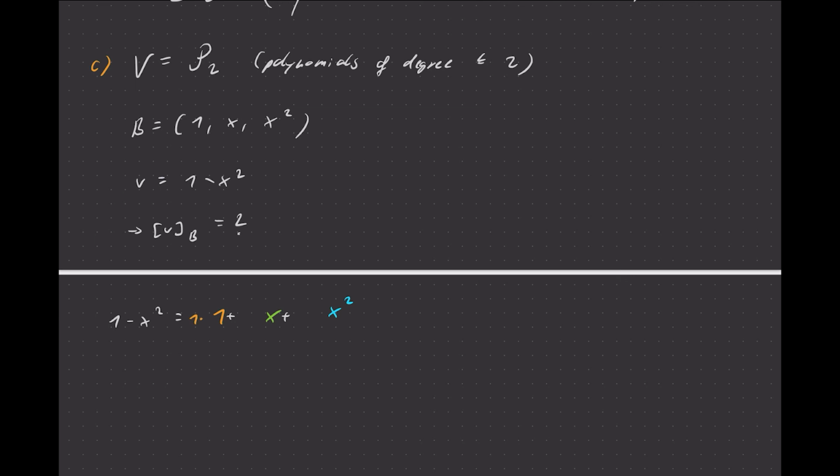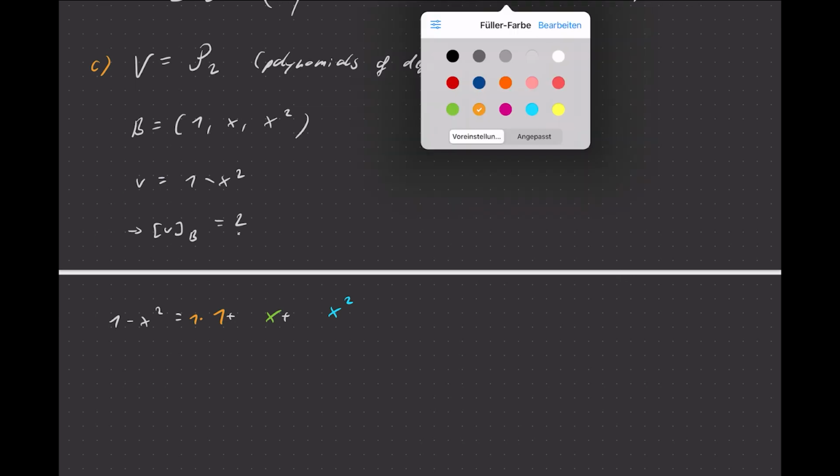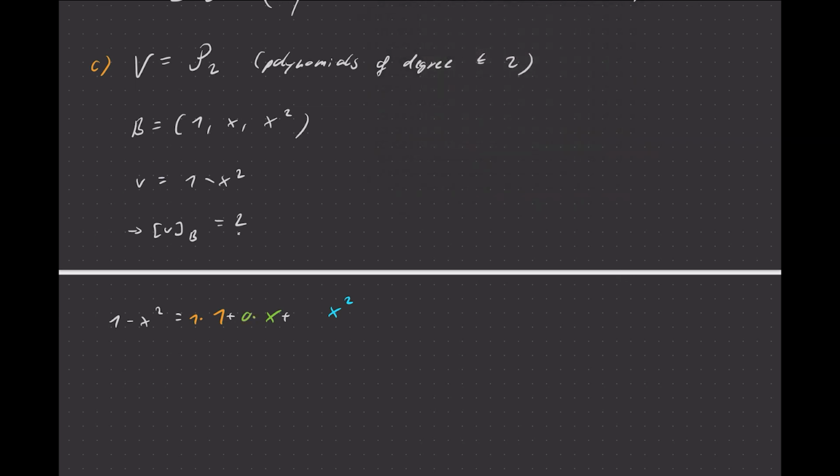There's no x in there, so that would be 0 times x. And the x squared, there's a minus 1 in front of that, so here's minus 1 x squared. And that means this coordinate vector here, with respect to the basis B, that would be 1, 0, and minus 1.